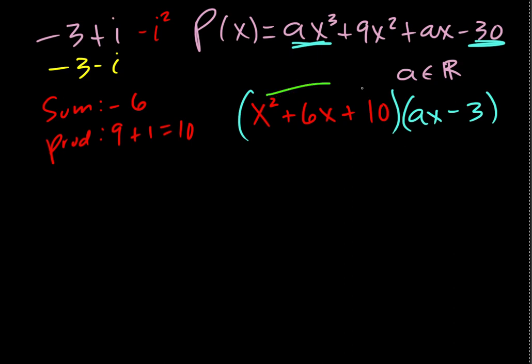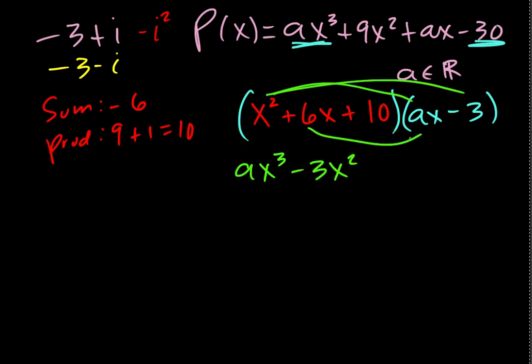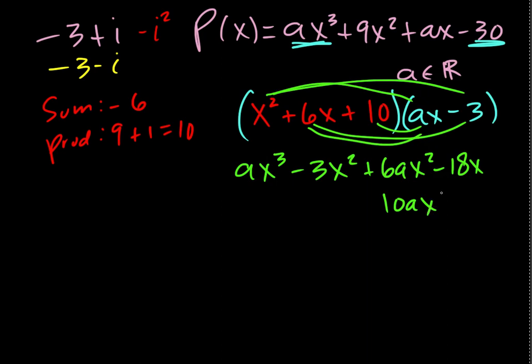Okay, now if we multiply this out, we get ax cubed minus 3x squared. Multiplying this, we get 6ax squared minus 18x, and then 10 times that would be 10ax minus 30. Okay.